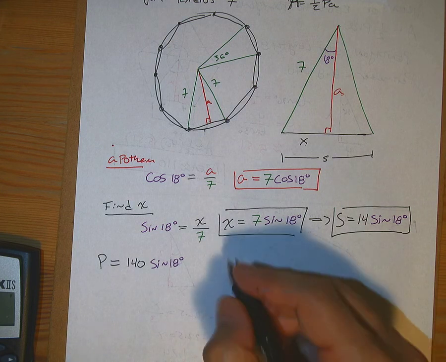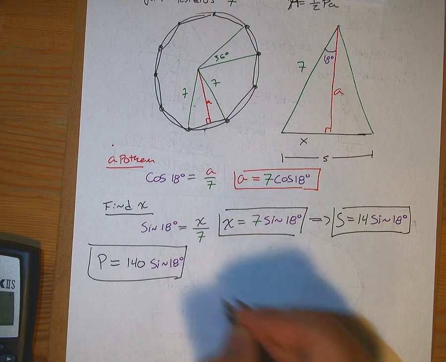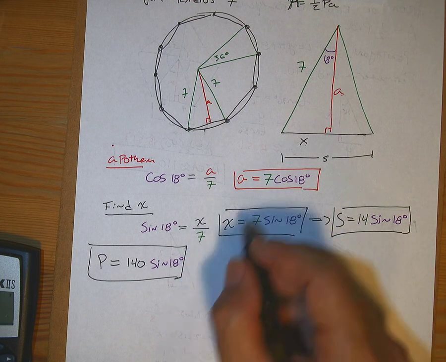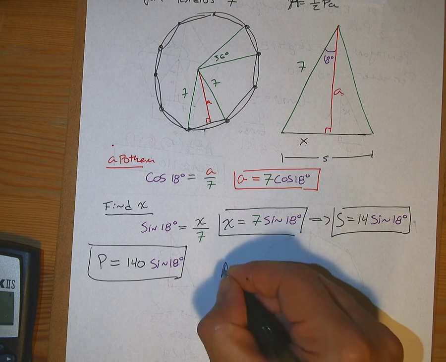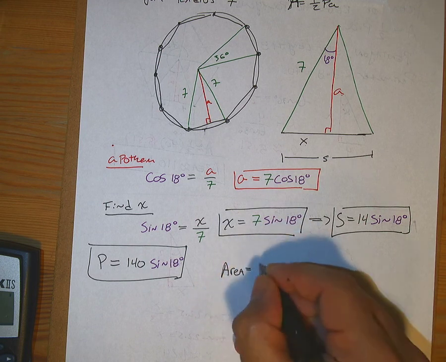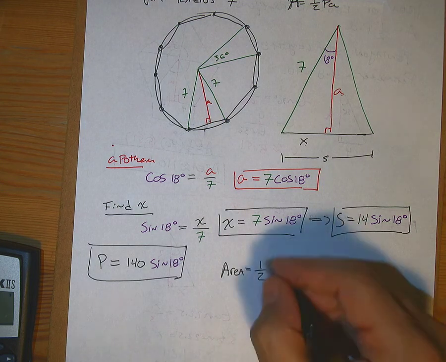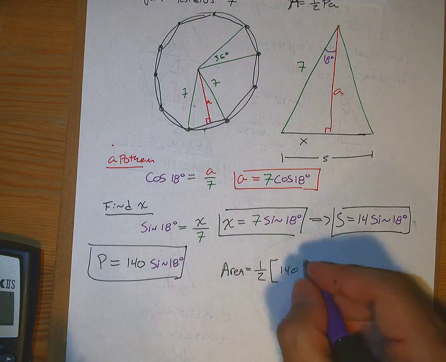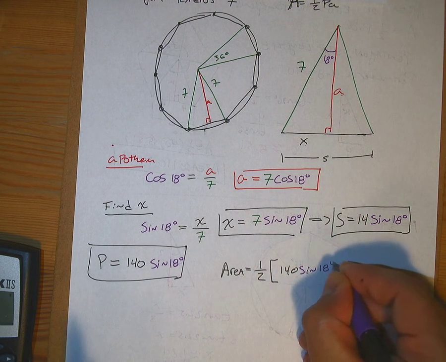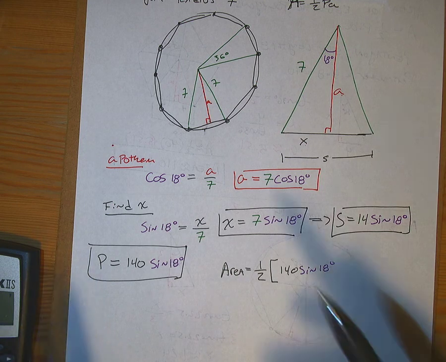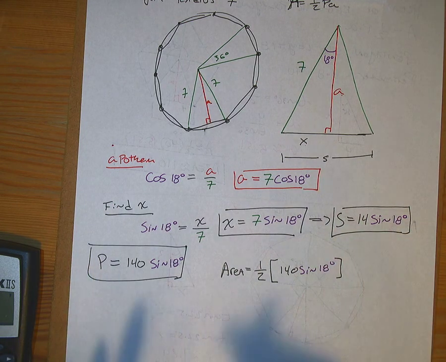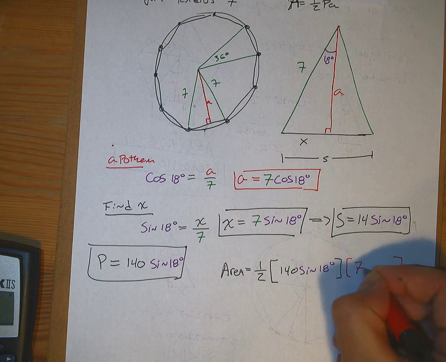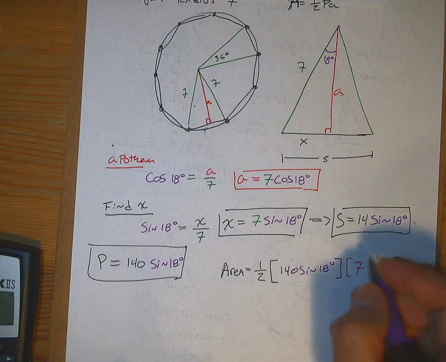So that means my area, so now I have perimeter. I'm boxing a lot of stuff here as I went along. So the perimeter is going to be equal to 140 sine 18. So the area of my decagon is 1/2 the perimeter, 140 times the sine of 18, times the apothem, which was 7 times the cosine of 18.